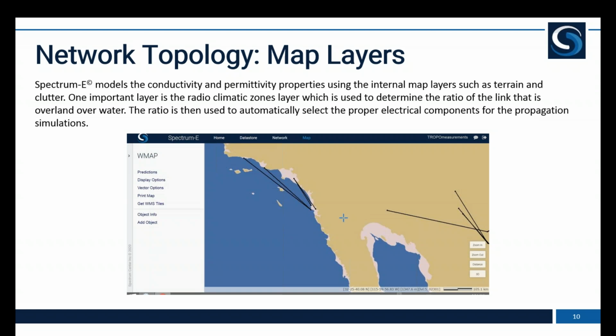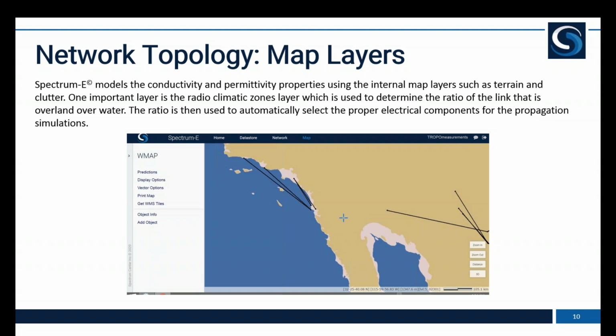And the clutter for us means everything that is on top of the terrain, like trees, for example, urban areas, and so forth. All of this together is used to determine those takeoff angles that I talked about before. And these radioclimatic zones also are very important because they help determine the portion of the link that is over land, and the portion of the link that is over water or coastal areas. And a ratio is formulated.